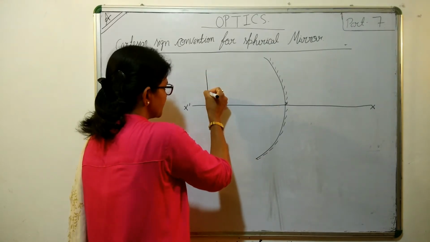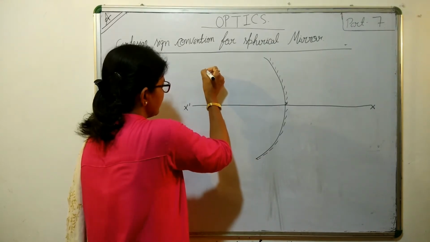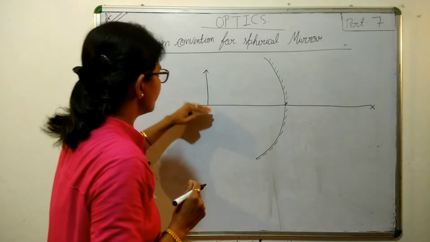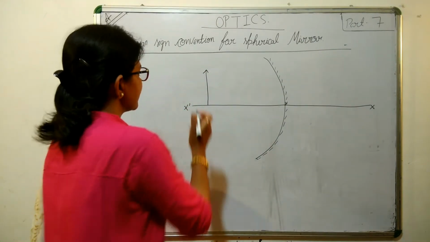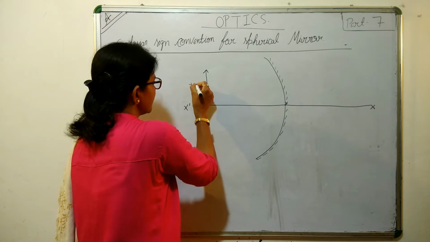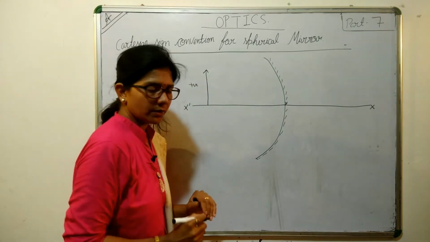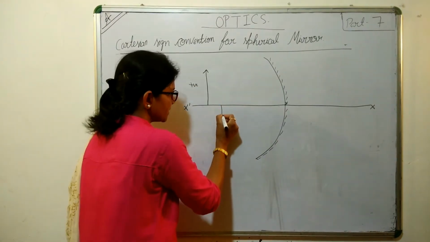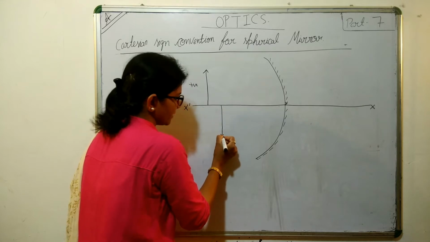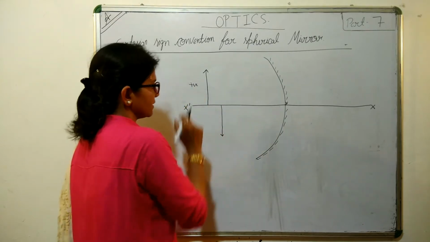If your object has height upward from the principal axis, it will always be positive. Object is always like this.